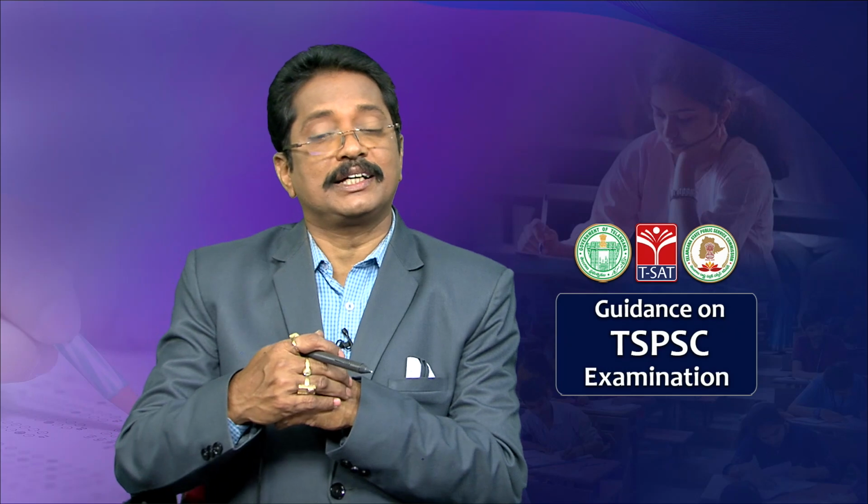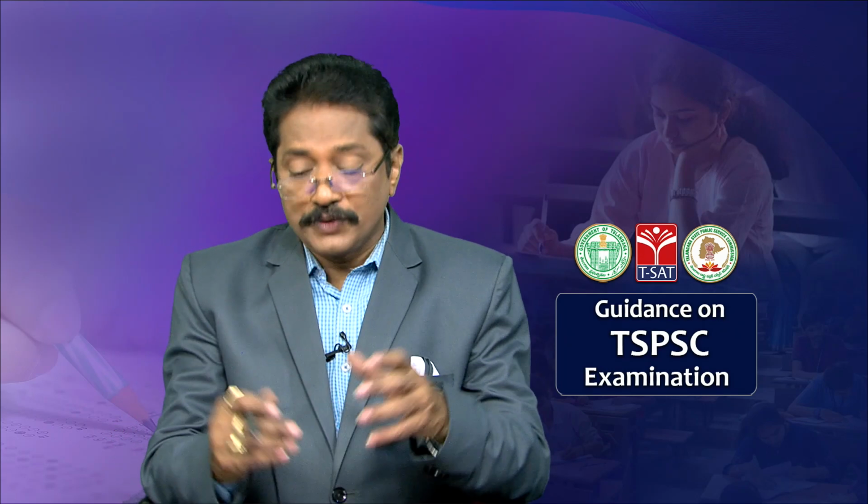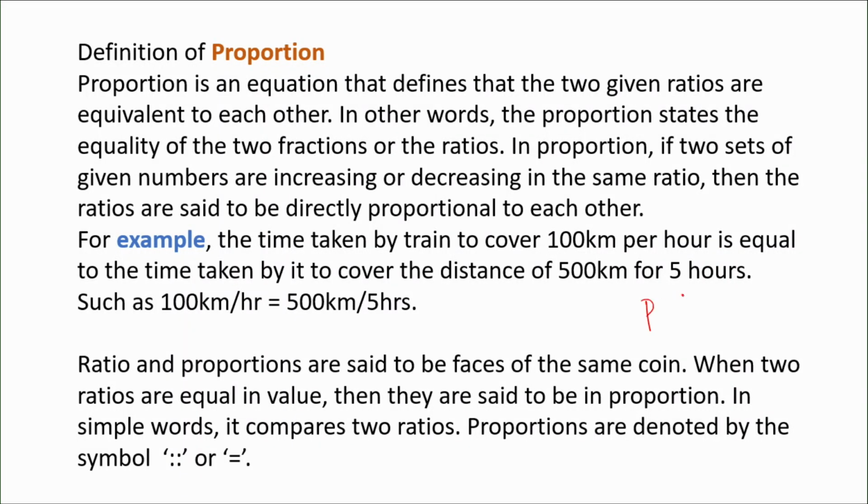If you take Boyle's law, the pressure of the gas is inversely proportional to the volume of the gas. When pressure increases, volume decreases. So, we can say P is proportional to 1 by V. This is Boyle's law, correct? Okay.